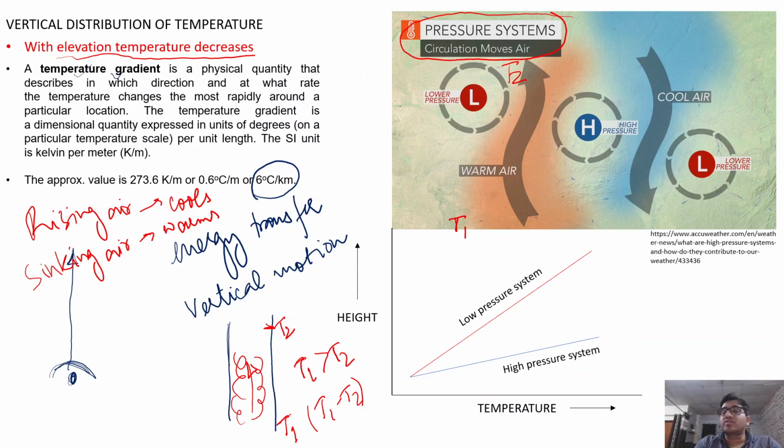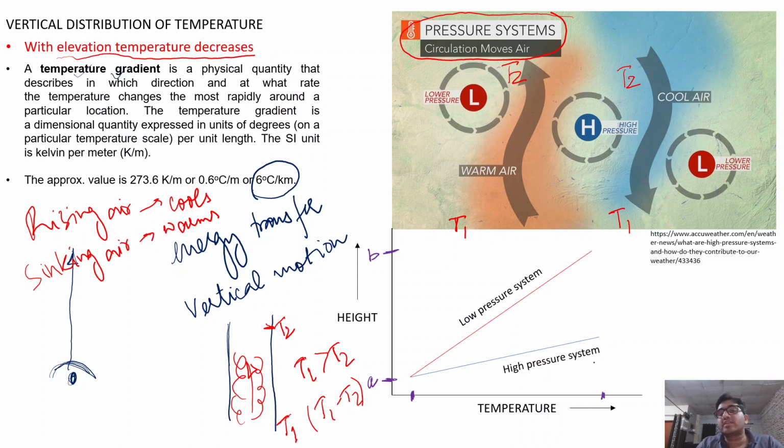So in the case of a high pressure system, the difference between T1 and T2 is not much. In both cases, we will have a look at T1 and T2. If in this plot you see carefully, for the low pressure system, for the same height, from this height, let us say this is A, to this height which is B, for the same height and the temperature range, see how it varies.